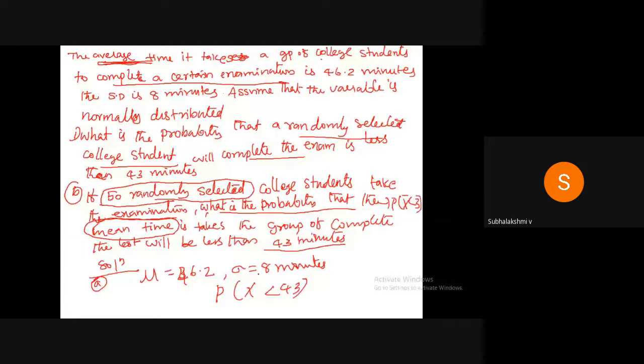In the first problem, a randomly selected college student completes the exam, so it was the probability of x less than 43. This problem has 50 randomly selected students, so we find the probability of the sample mean x bar less than 43.